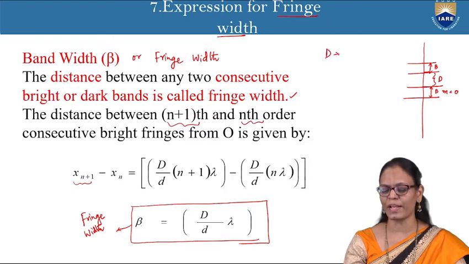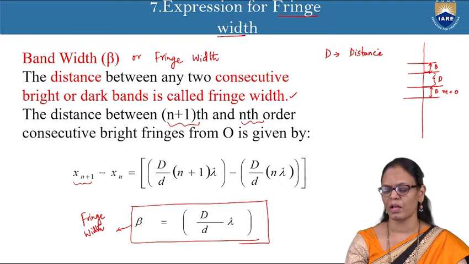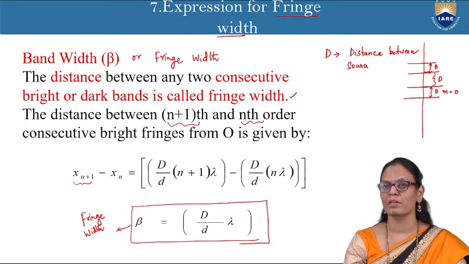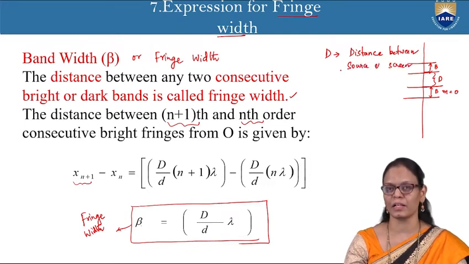Capital D is always the distance between the source and screen, and small d always represents the distance between the two slits.